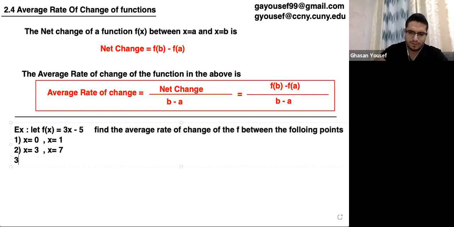Number 3, between the points x equal a and x equal a plus h. Who will do the first one? Who will find the average rate of change for the first one?